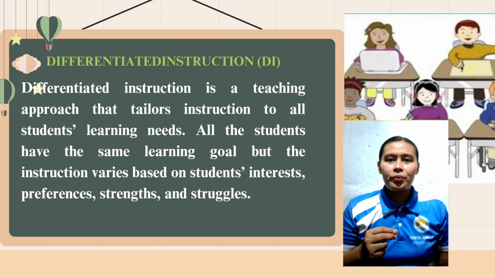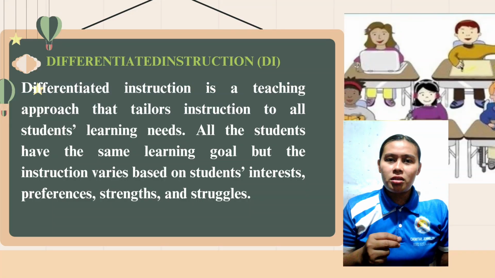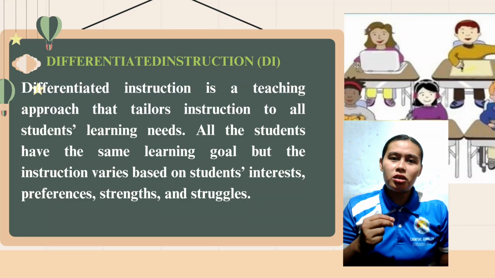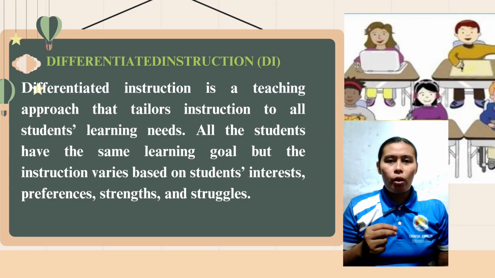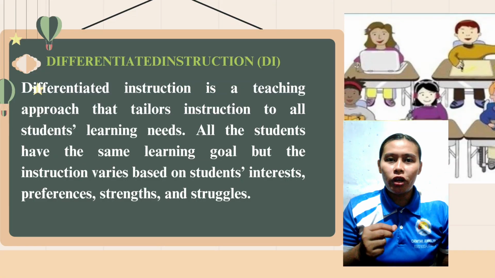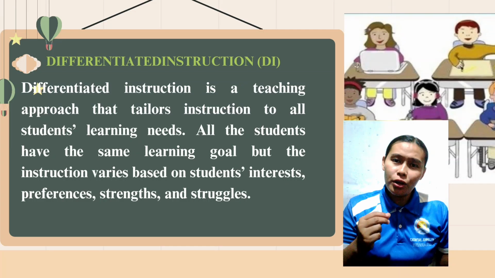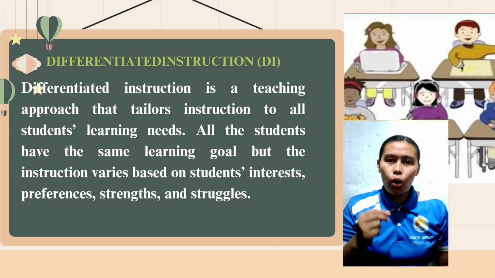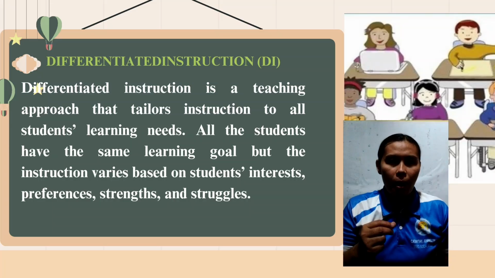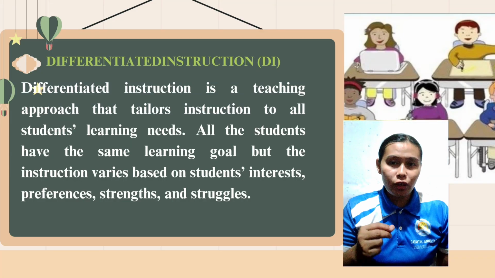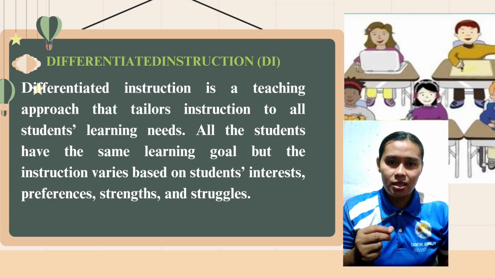For example, in a lesson on fractions, some students use fraction blocks to visualize parts of a whole. Others solve word problems, while advanced learners create their own fraction problems. All students are learning fractions, but they do it in different ways suited to their needs.